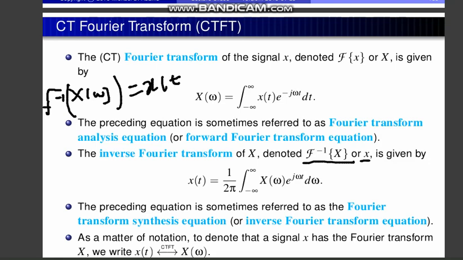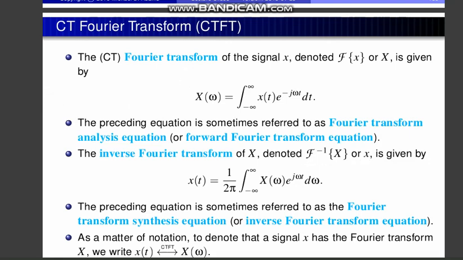Whenever you want to transform a frequency domain signal back to a time domain signal, you use the inverse Fourier transform, which is given by this equation: 1 divided by 2 pi times the integral from minus infinity to plus infinity of X(omega) e to the power j omega t d omega.